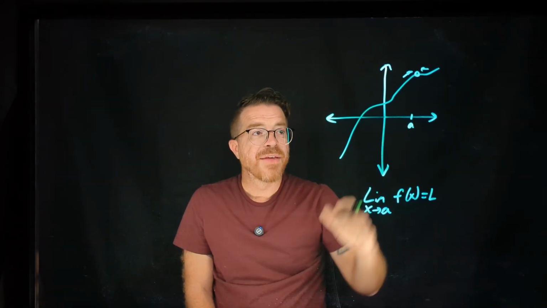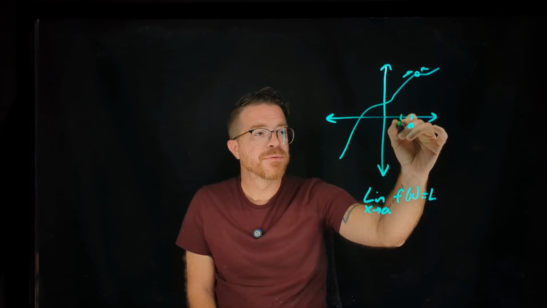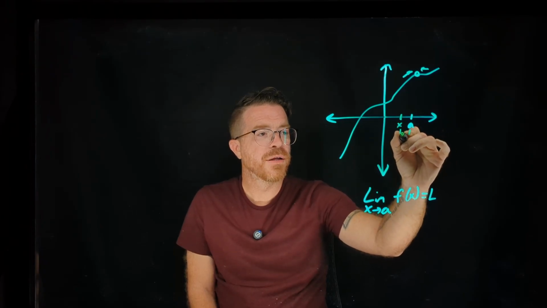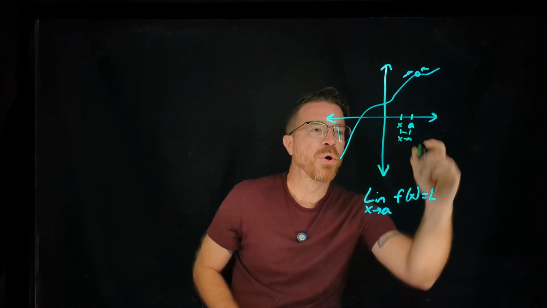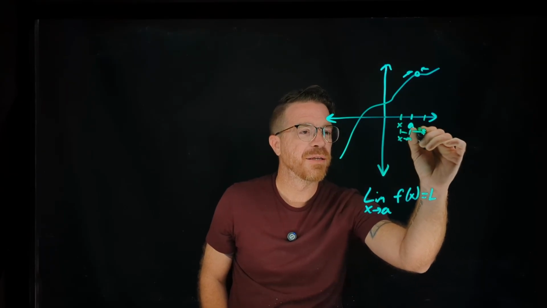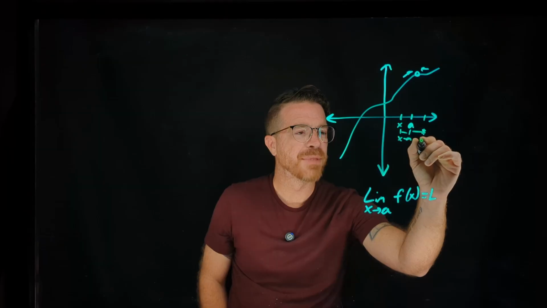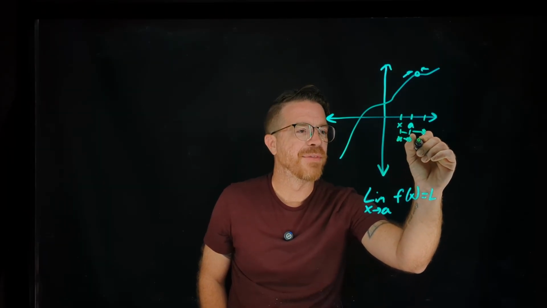What we're saying is that the distance from where my x value is, so this value here is x minus a, and then we're taking the absolute value of that, because whether we're approaching from the left or from the right, it would be the same thing. It would be the negative of this. So this is actually going to be a minus x, and this would be x minus a.